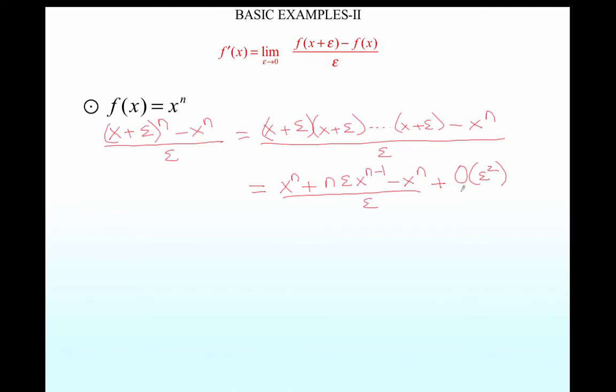These are things that can be neglected. Why? Because epsilon into epsilon is much, much smaller than epsilon, obviously. And so, doing this little calculation over here, we see that this and this cancel, epsilon and epsilon here cancel, and we get n times x to the n minus 1. And so what we've proved is that f prime of x is n times x to the n minus 1.